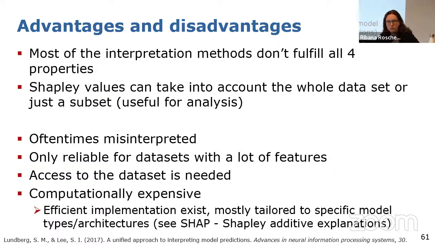I do not want to go into detail, but there's a really nice SHAP library. SHAP is the Shapley additive explanation. So Shapley values is actually the mathematical theory behind it, and the method used in explainable machine learning is SHAP.